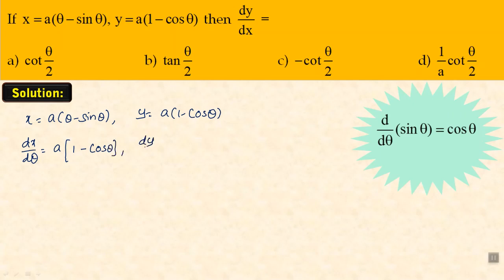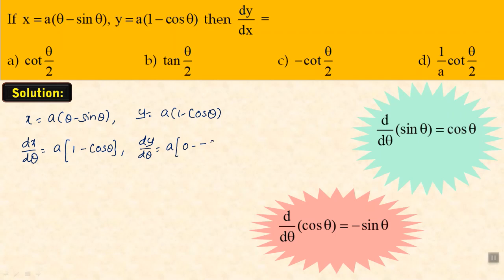Here dy by d theta is equal to, here a is constant, into d by d theta of 1 is 0 minus d by d theta of cos theta is minus sin theta. This implies dy by d theta is equal to a into sin theta.